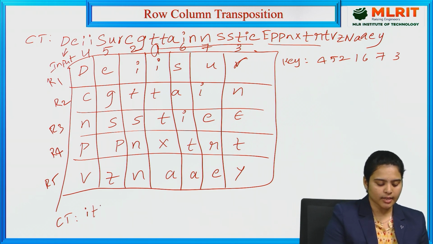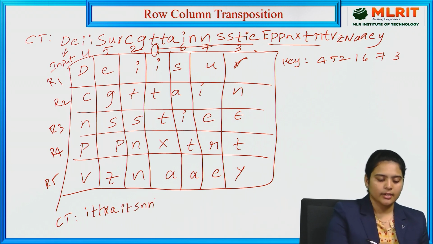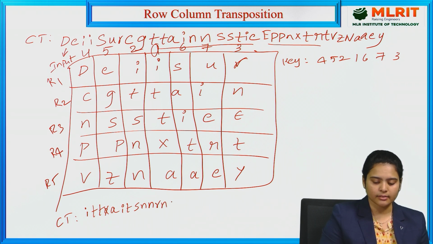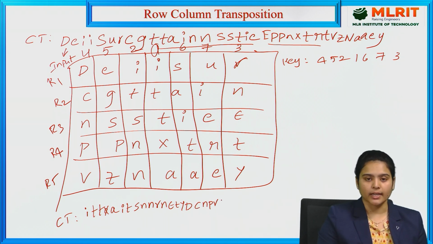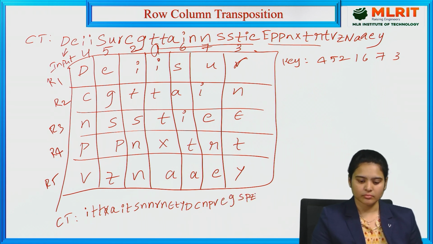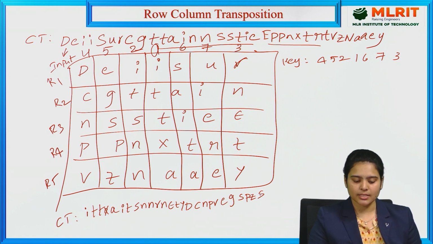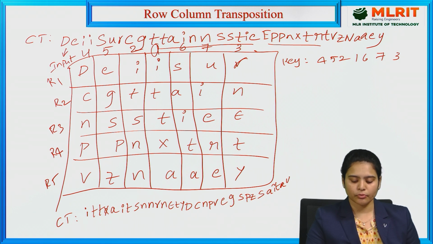I, T, X, A. Second one: I, T, S, N. Next, third one: R, N, E, T, Y. The next, fourth one: D, C, N, P, V. The next, fifth one: E, G, S, P, Z. The next, sixth one: S, A, I, T, A. The next, seventh one: U, I, E, R, E.